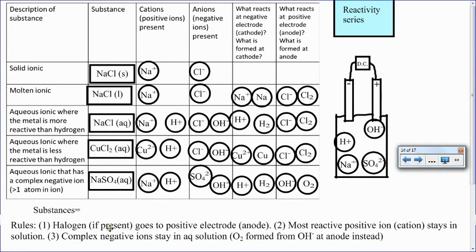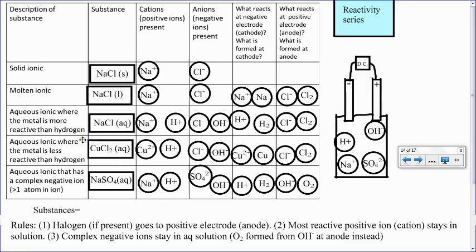Finally, if we look at our third rule, we've got a complex negative ion. The complex ion stays in solution, and this time it will be oxygen that is formed because it's the hydroxide that is attracted towards the positive electrode, and the hydroxide gives its electron out and forms oxygen.